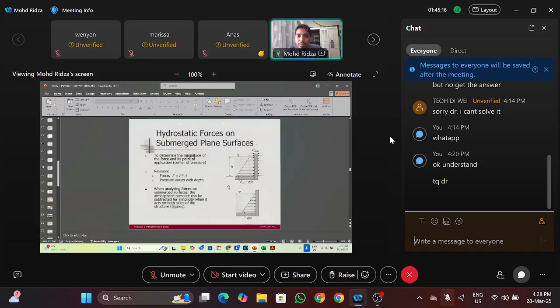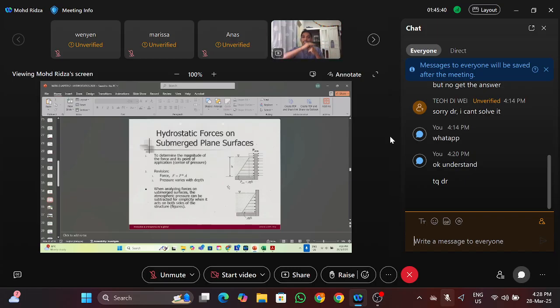Right. Okay, now we are going to the second half of the topic, hydrostatic. Chapter 2 is majorly divided into 2 parts. The first part that we have gone through just now is pressure measurement, understanding the concept of pressure and the manometer tube.